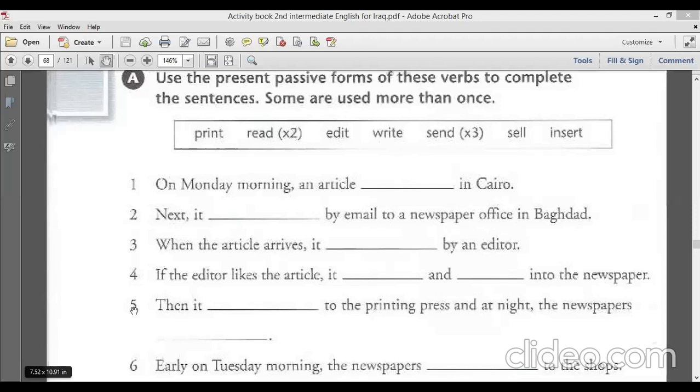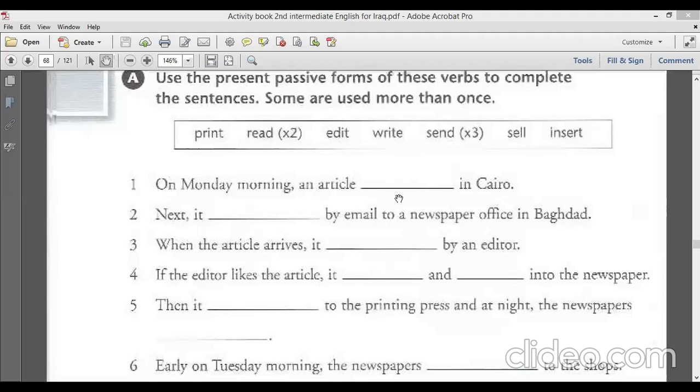Now, number 5, then it is. We said that some verbs are used more than one time. So, then it is. Okay, I'll do it. Sent to the printing press. The newspapers are printed. The other one, right?